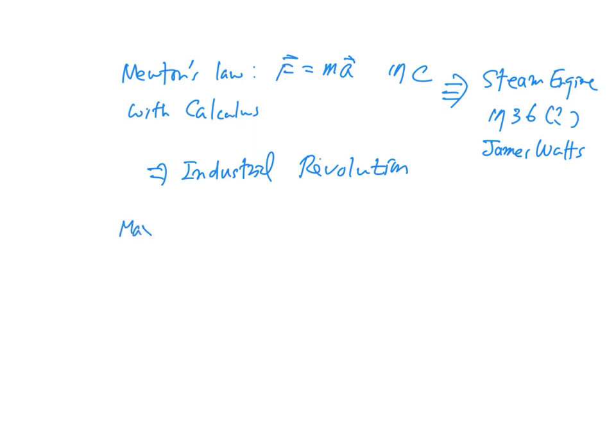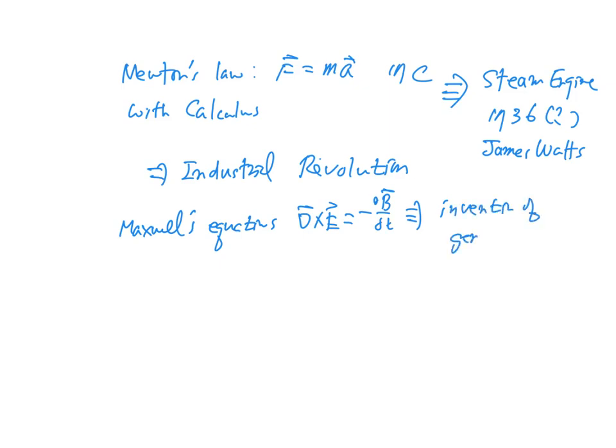Maxwell's equation, or the first thing, this curl E is minus partial t of B. This Faraday's law led to the invention of the generator. Electricity.